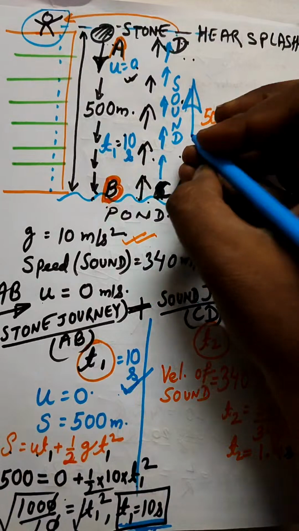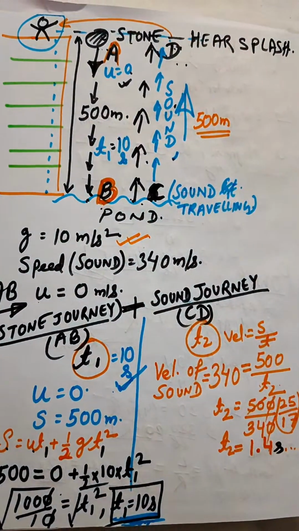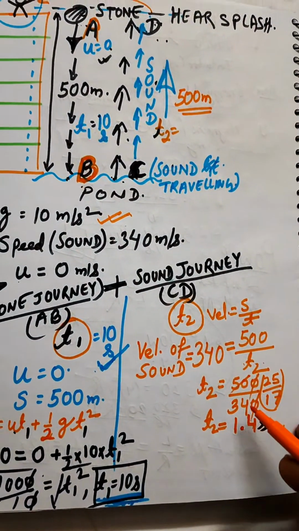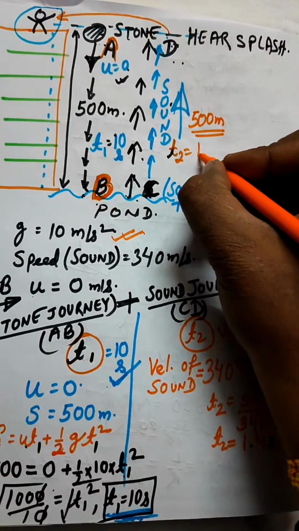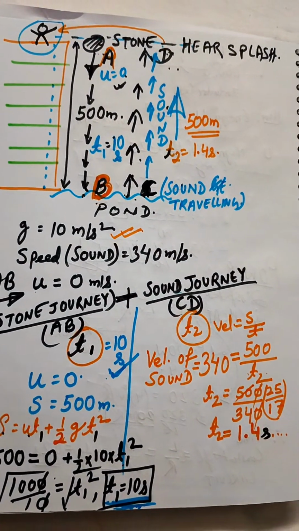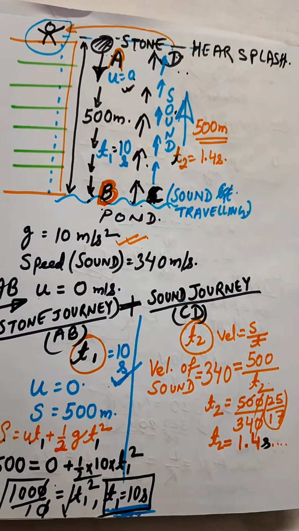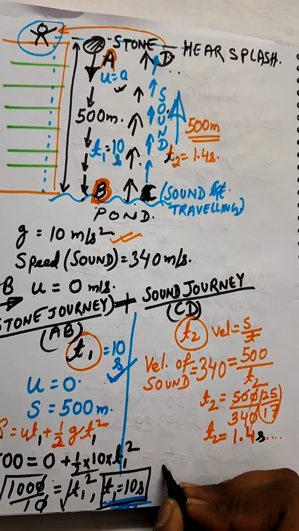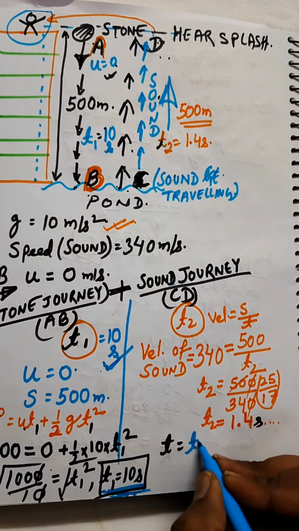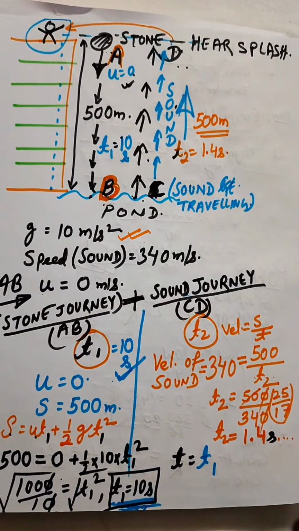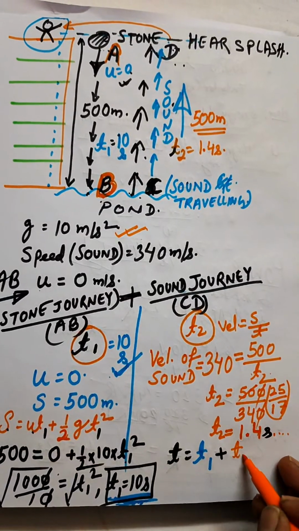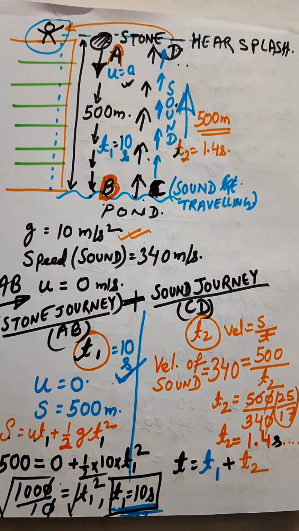So I'm writing it: t2 as 1.4 seconds. Now total time is given by this t1 plus this t2, right?